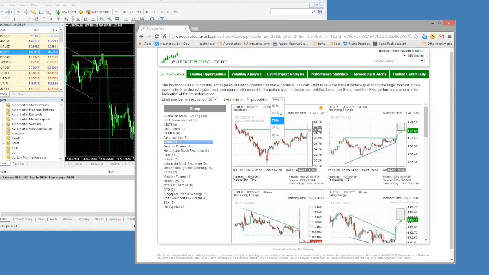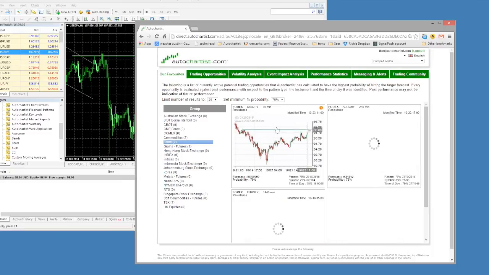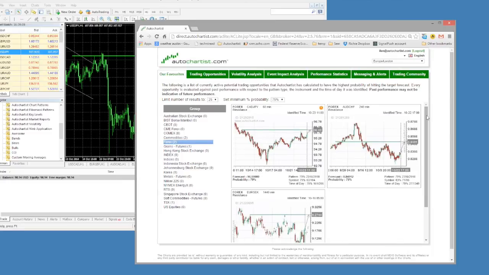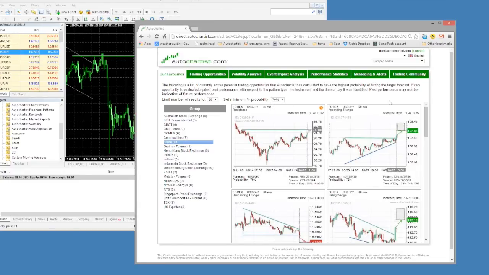So you can choose your probability and say, okay, these are the 3 opportunities right now in the market which have got a 75% or higher probability of hitting their forecast level. This is 70%. Now, only certain brokers provide the section Our Favorites. It is one of our premium products. But you can achieve the same thing by looking at the trading opportunities combined with performance statistics.